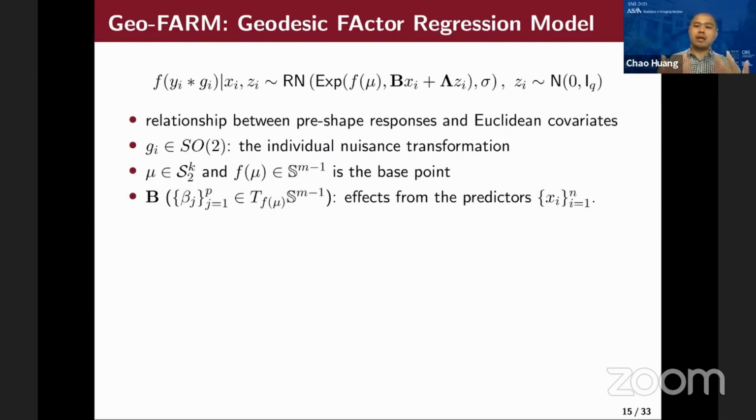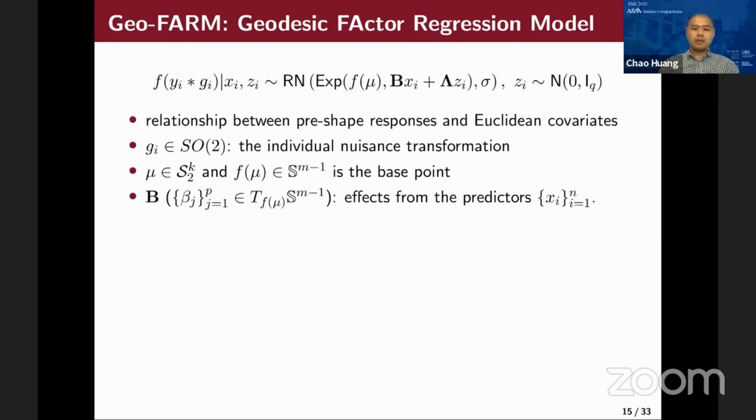And b is the tangent vectors, which represent all the effects from the predictors. And lambda and zi here are the latent variables, or we can call them the latent factors. And lambda here is the loading matrix related to all these latent variables.